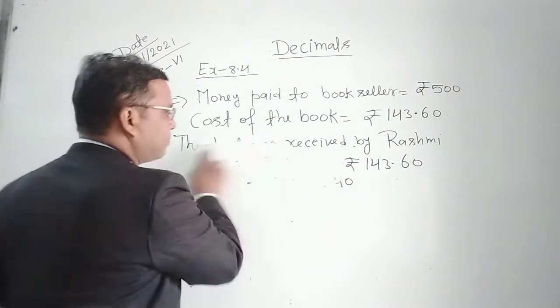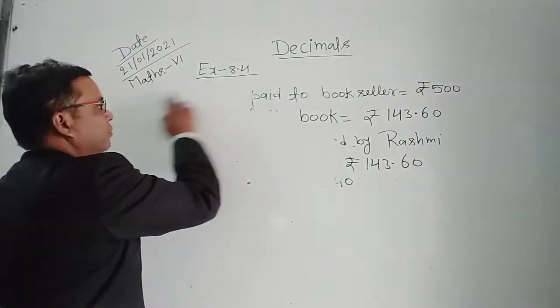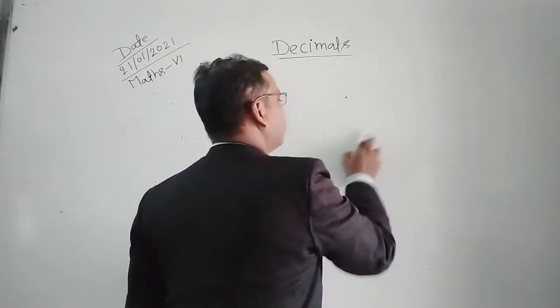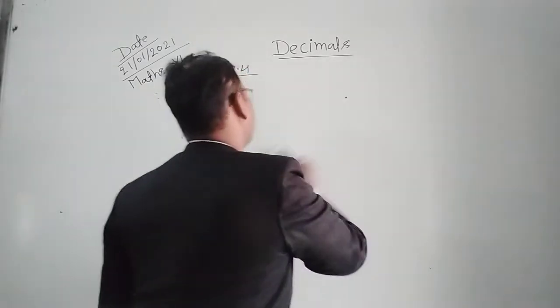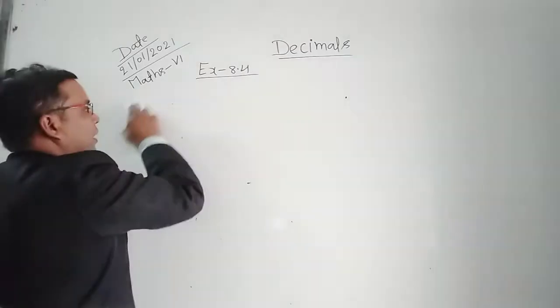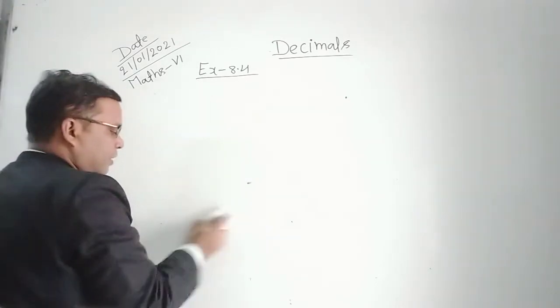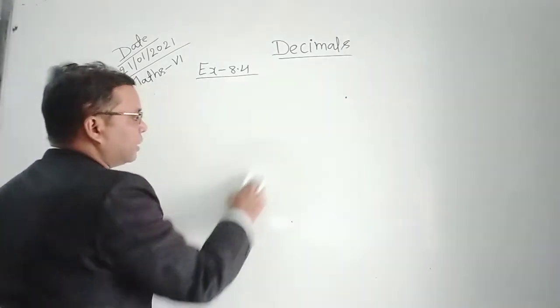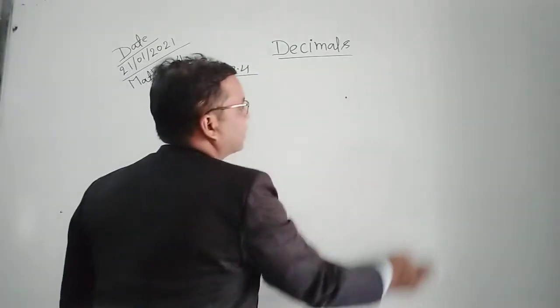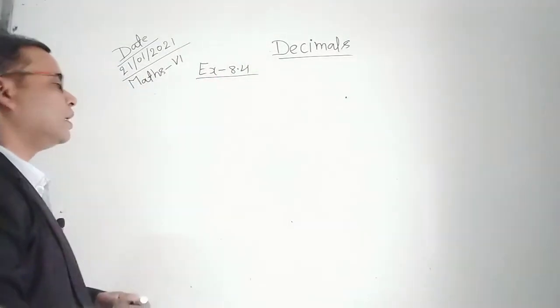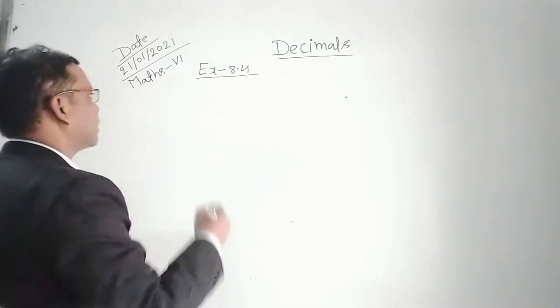First we arrange them, after this we start question number 8. And I hope all of you know how to convert gram into kilogram. If you don't know, please see the previous video, in which we discussed how to convert gram into kilogram or kilogram into gram.